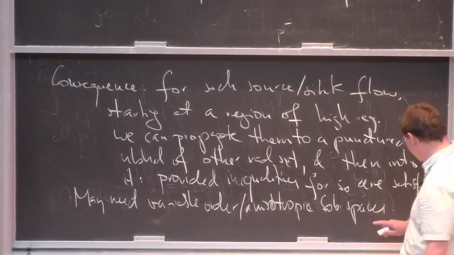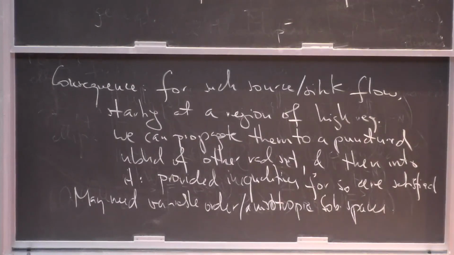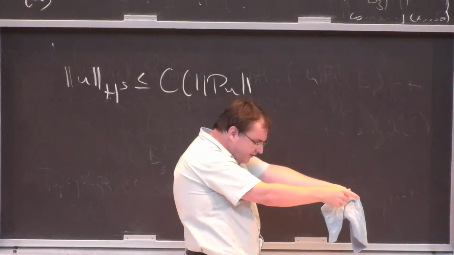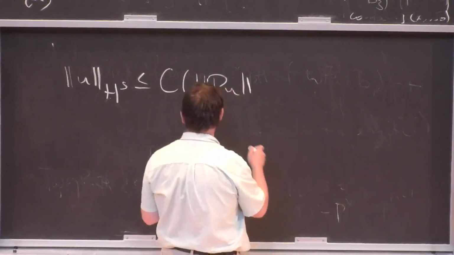And then the upshot is that you get an estimate, end of day. Again, S may need to be variable, but so what? Especially this late into the talk. So you get an estimate like U in H^S. When you piece everything together, you think of this as a partition of unity, and in each piece of phase space you have to get an estimate, and you want to put them together.